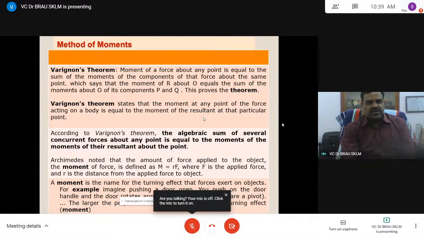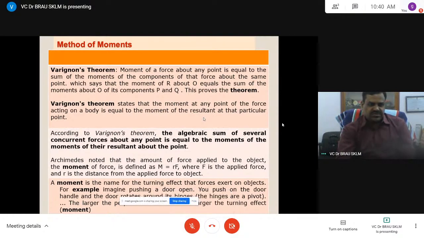If these two are equal, then the theorem is proved. Or the algebraic sum of the moments of several concurrent forces, or a coplanar concurrent force system, about any point is equal to the moment of the resultant about the same point.